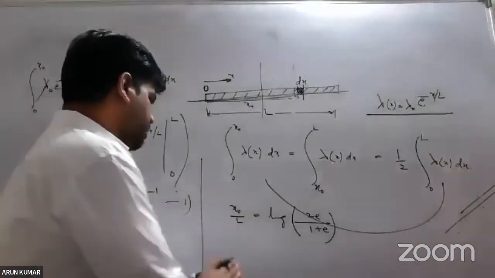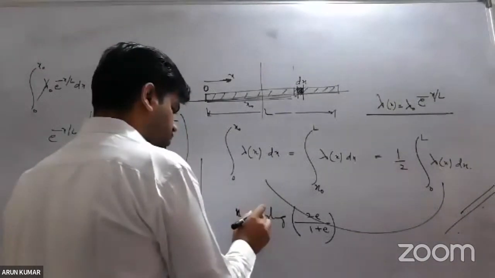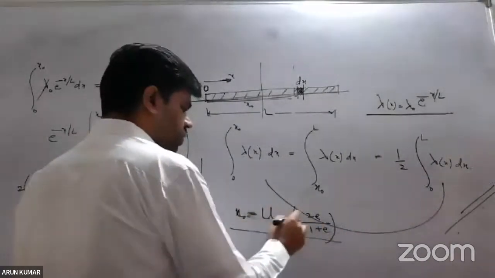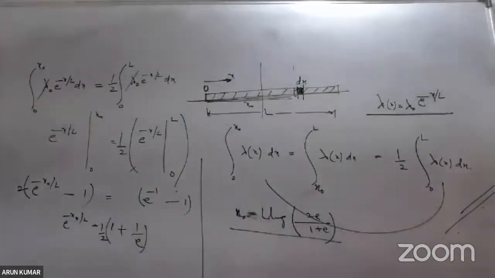Right. So x naught is equal to L into log of 2e by 1 plus e, right? Yes. Yeah, that's it.